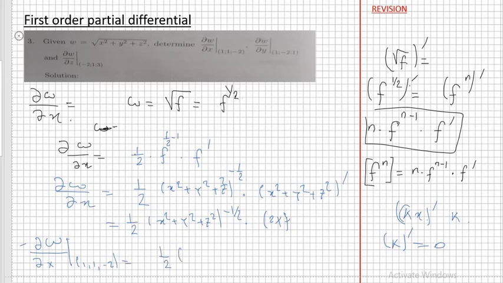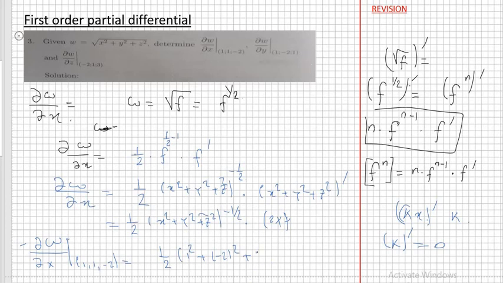So all we need to do is replace the x value, which is 1, so we have 1 to the power of 2. The y value is -2, so you have (-2) to the power of 2, and the z value is 1, so we have 1 to the power of 2.